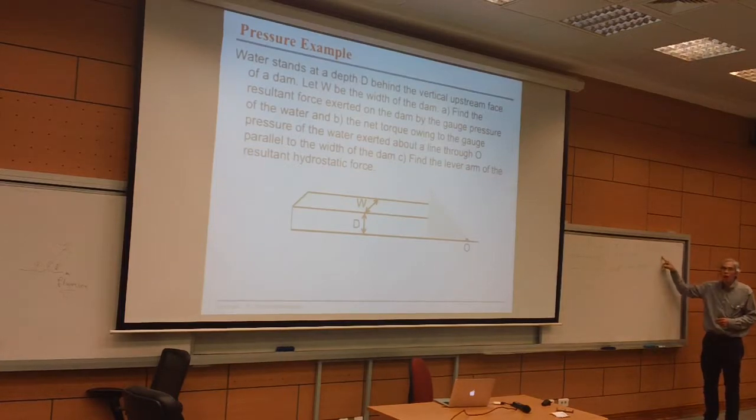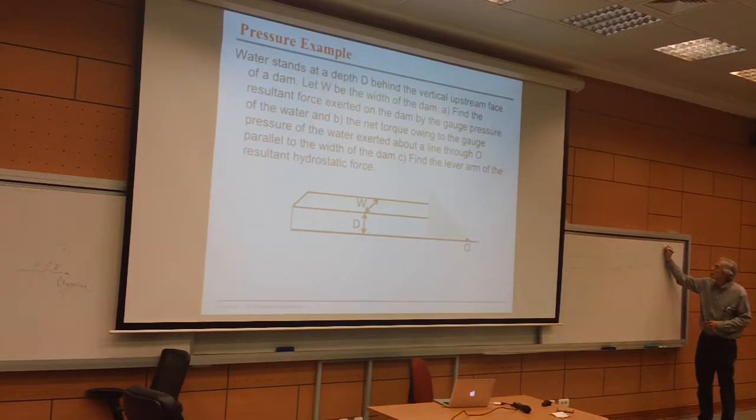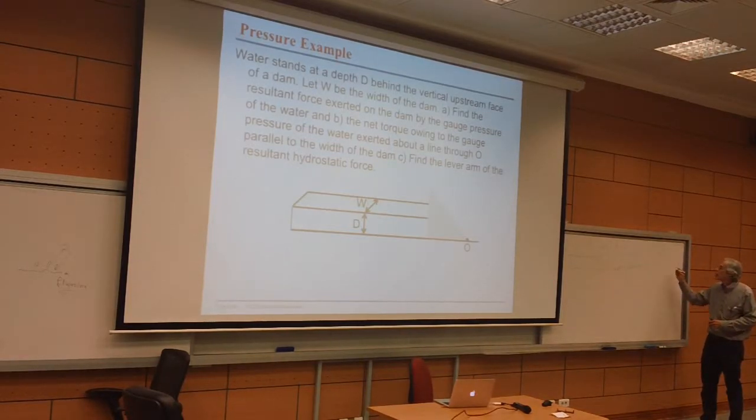So if I add it up all along the dam, then this is going to be equal to the integral from y equals 0 to y equals D of dF. So I'm going to have rho g W times y dy, and all of this part is constant, so I can remove it from the integral.